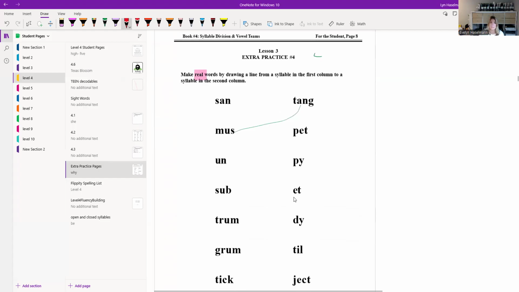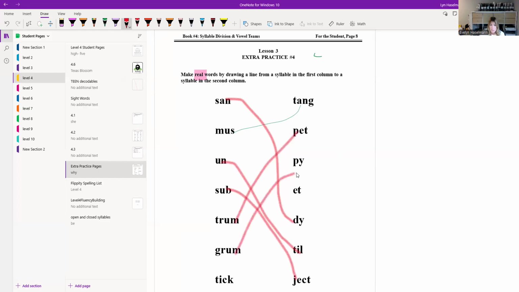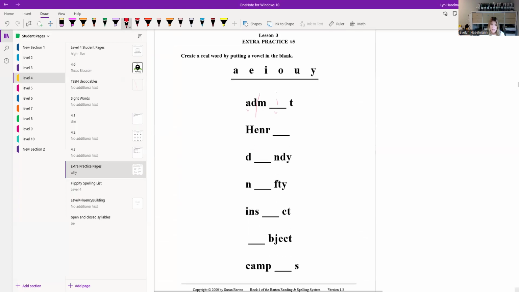Remember, we always start on 3. And then we'll make some real words. We've got Mustang, we've got Sandy, we've got until, subject, trump, grumpy, and ticket. The last one is going to be create a real word by putting a vowel in the blank.